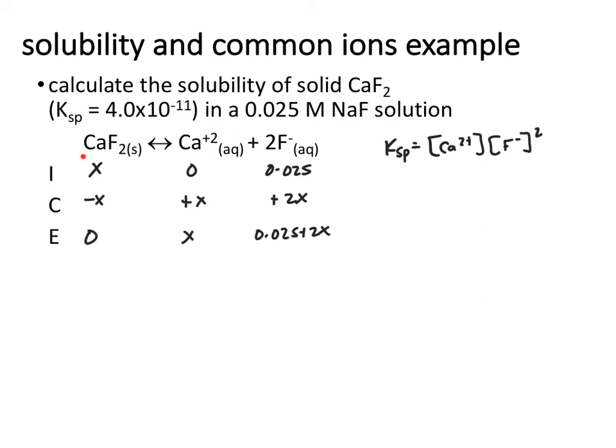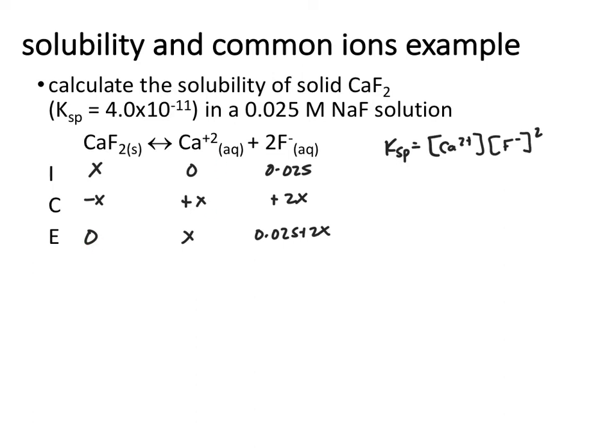What we're trying to figure out is x. We don't know what the solubility of calcium fluoride is. We know that initially we don't have any calcium ion present, and that our fluoride ion is present because we are adding this to a solution that already contains sodium fluoride. Our changes are going to occur as the following, and of course our x values at equilibrium will change respectively to what was present initially.